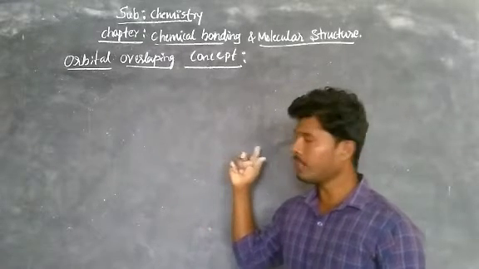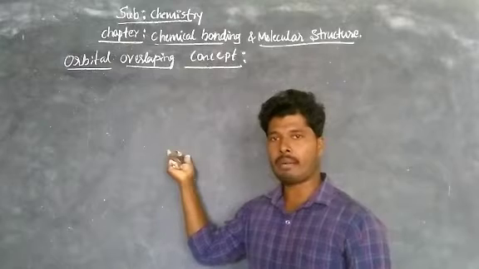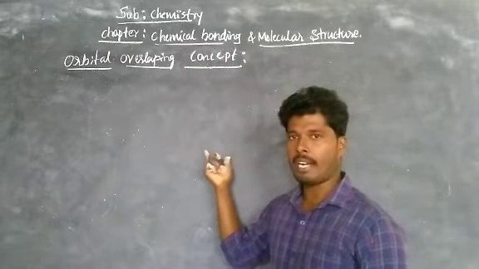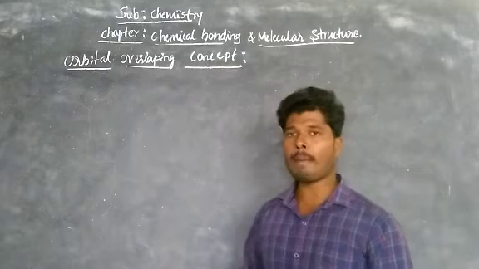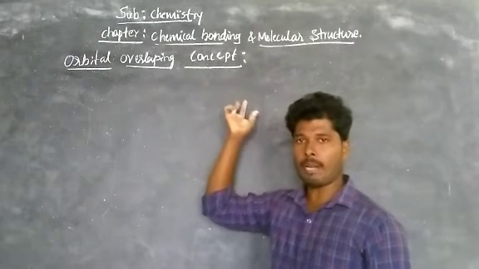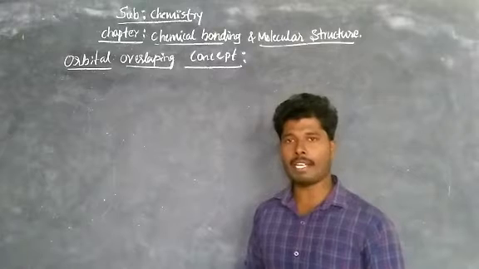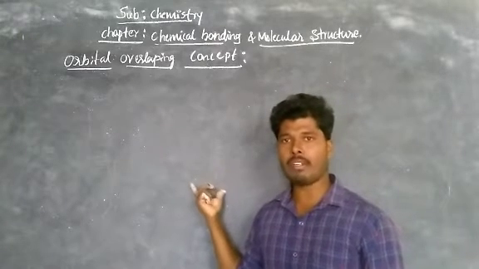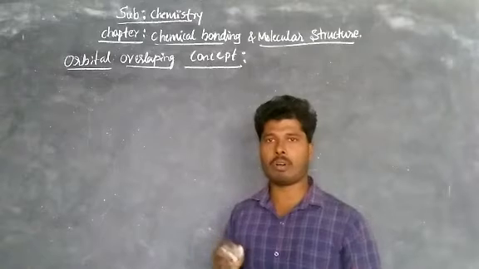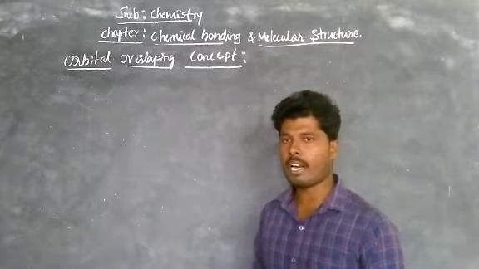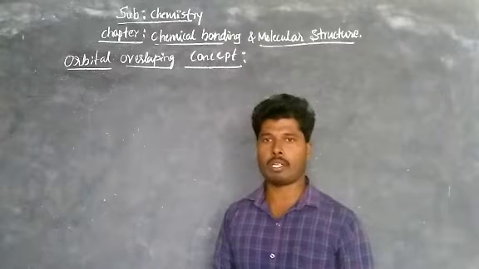During that time the orbital of one hydrogen atom is overlapped with the orbital of another hydrogen atom. Similarly, in the orbital overlapping concept, the valence shell orbitals of an atom having single electrons or unpaired electrons start to overlap each other and form a covalent bond.